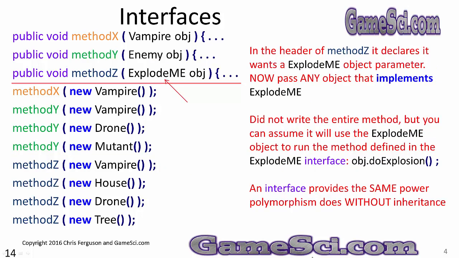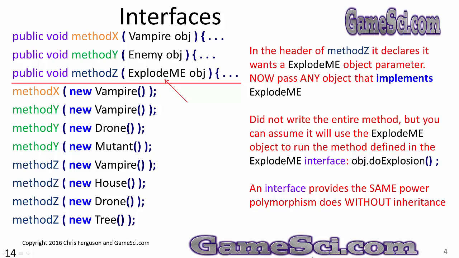Let's create a public void method Z, and this time let's accept a parameter ExplodeMe obj. In the header of method Z, it declares it wants an ExplodeMe object parameter. Now we can pass any object that implements ExplodeMe.